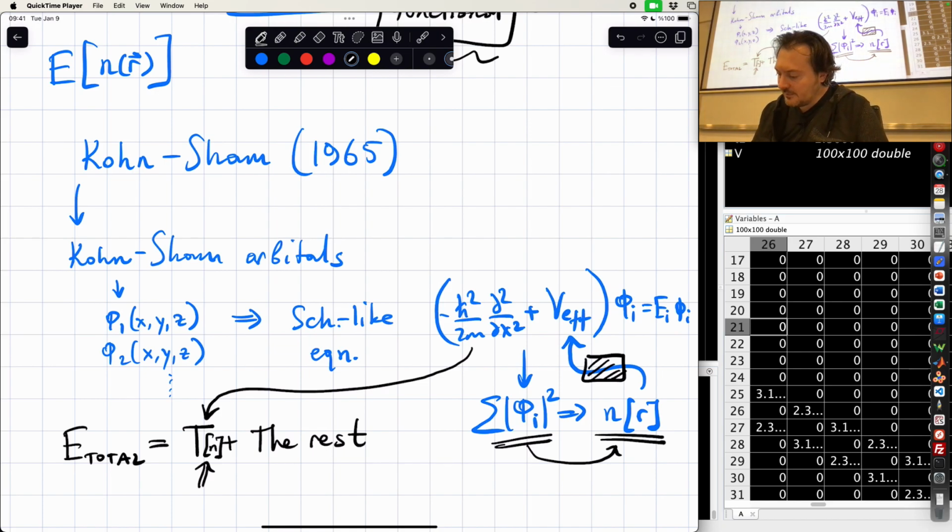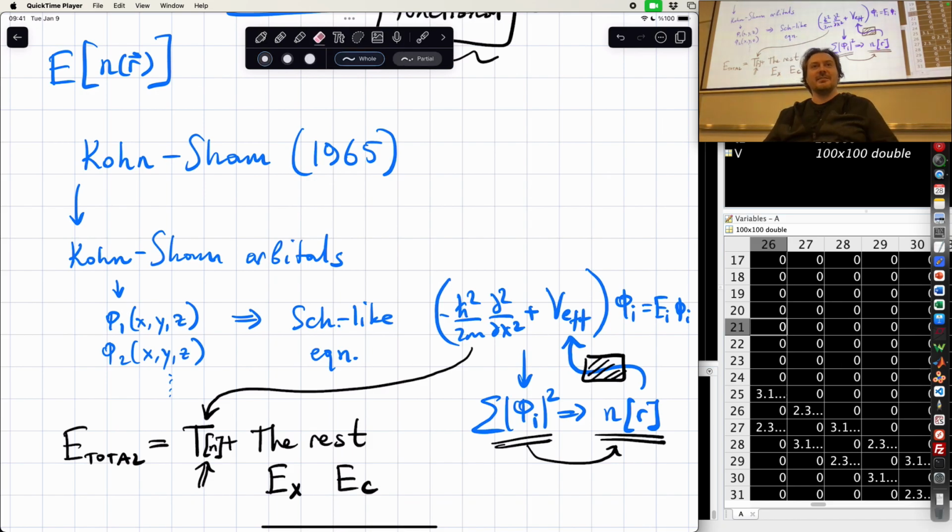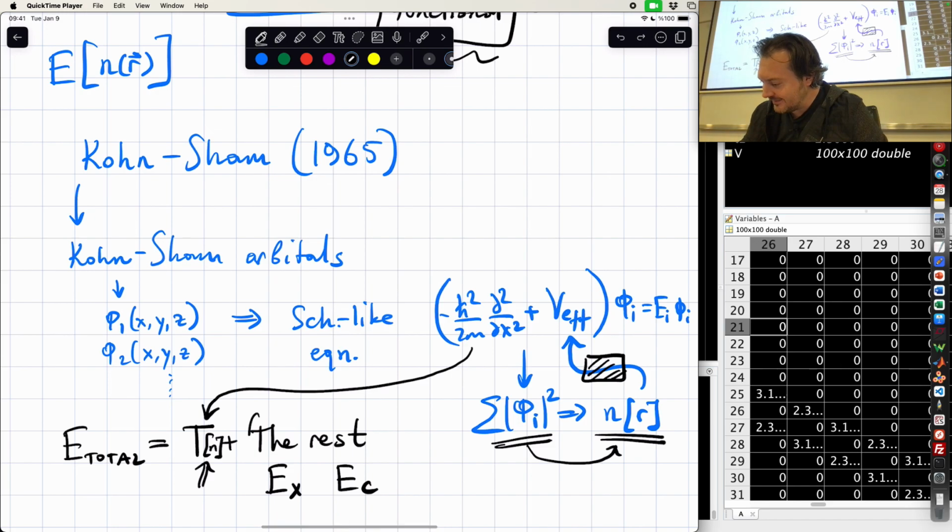Then in the rest, there is especially the exchange part and the correlation part. Exchange part is the thing that comes from the spin stuff. Do you remember the spins couldn't be together, etc.? Correlation part is, again, once you included everything, whatever is left is the rest. So that's the correlation part.